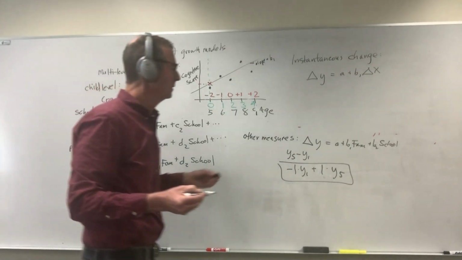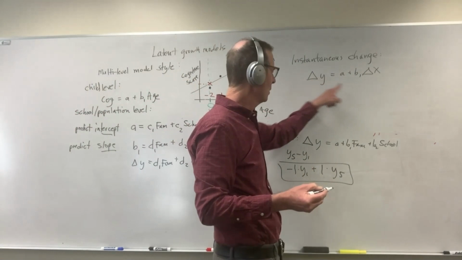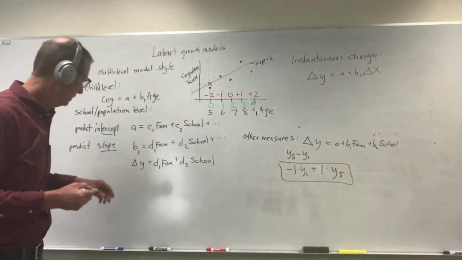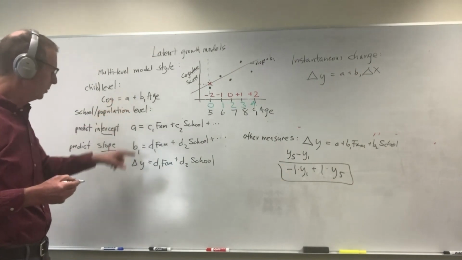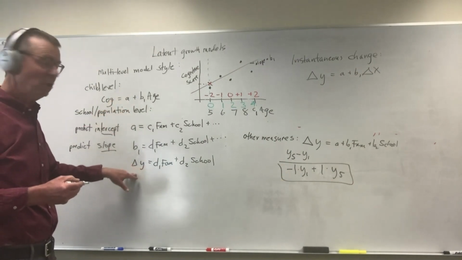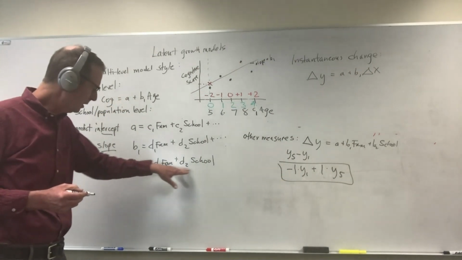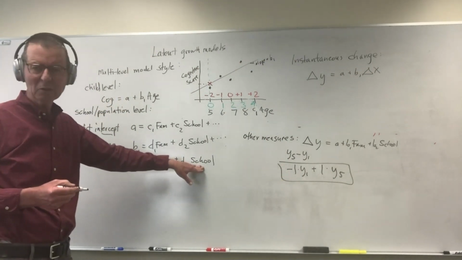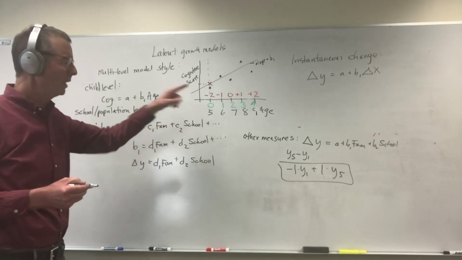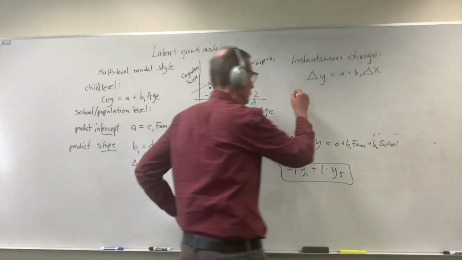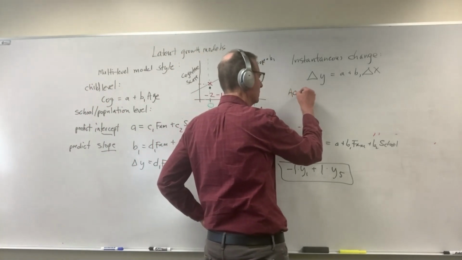And that gave a model where change in y was a function of change in x. But typically, when people fit these multi-level models, there's change in y, there's the slope, but it's a function of levels of x, initial levels of x. So that's not an instantaneous change model. Maybe it's an accumulation of inputs model.